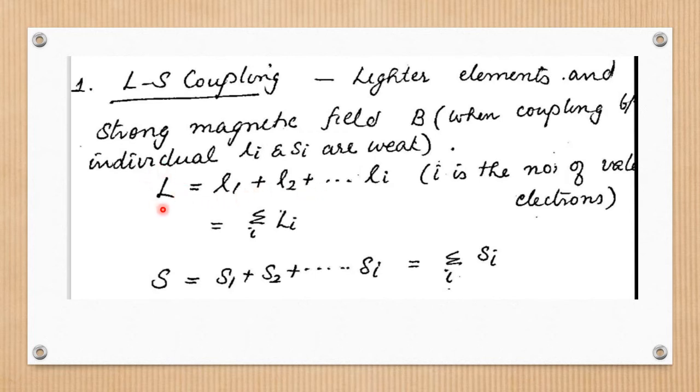Similarly we get the total spin angular momentum S from S1 plus S2 plus etc. up to Si, and the total angular momentum J is the combination of this total L and total S. So the individual L1 and S1 are not combining here. This occurs in the case of lighter elements and a strong magnetic field B.